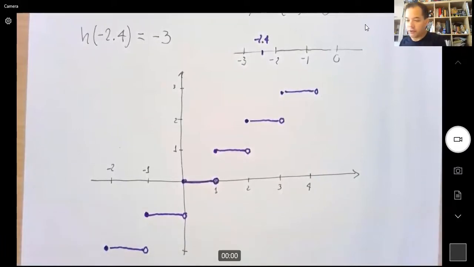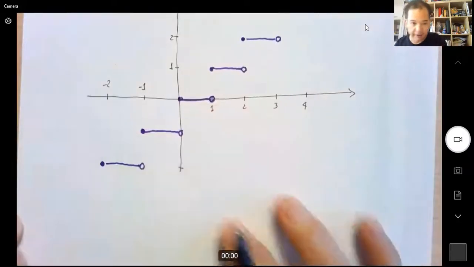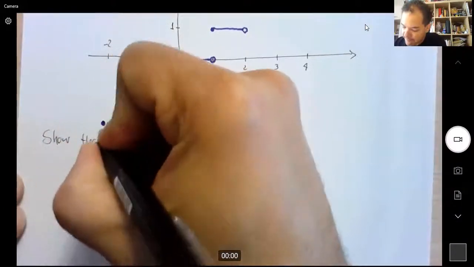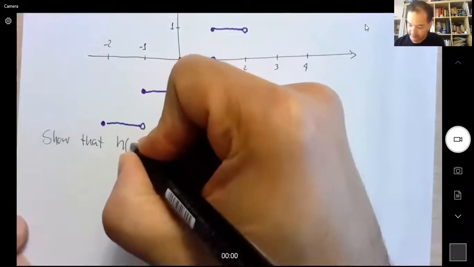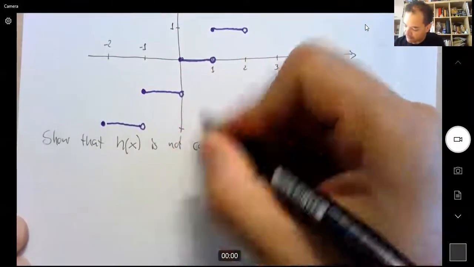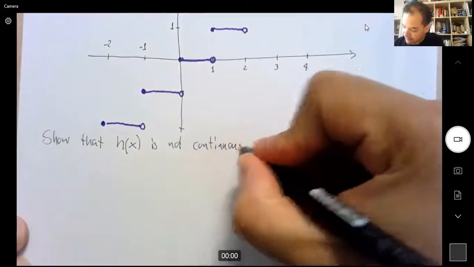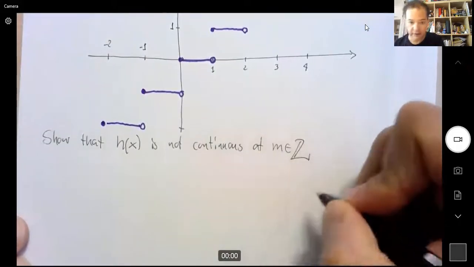We want to show that h of x is not continuous at x equals m, an integer.